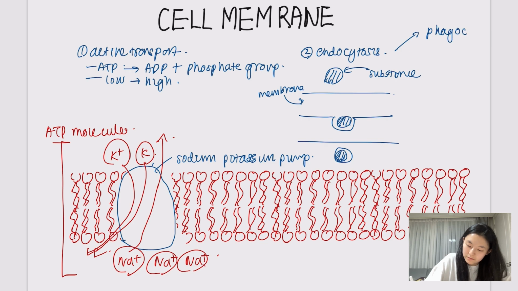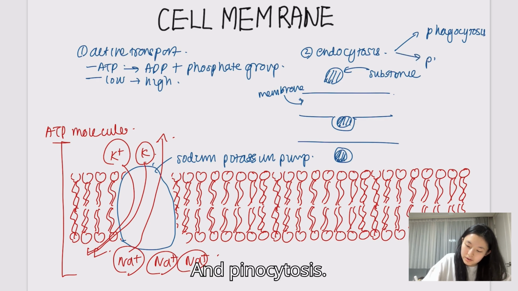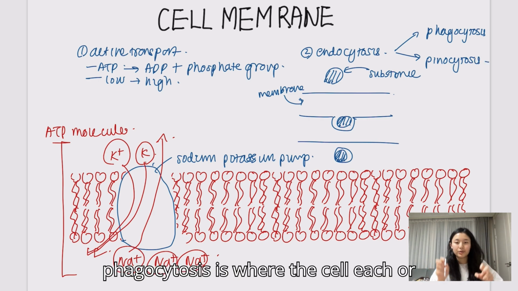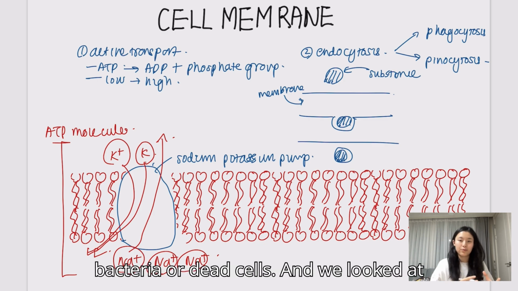phagocytosis and pinocytosis. Now, these two differ in the sense that phagocytosis is where the cell eats or engulfs large particles like bacteria or dead cells.